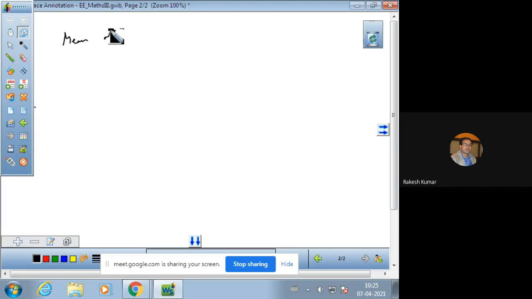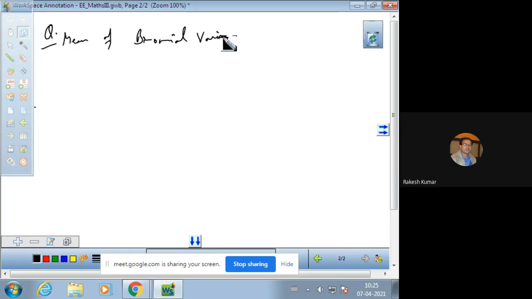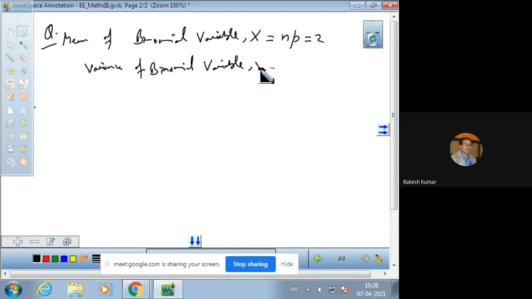So it is given that the mean of a binomial variable, suppose the variable is named as x, and you know that the mean of binomial distribution is np, that is given as 2, and it is also given that the variance of the binomial variable x, and the formula for variance is npq, that is 1.